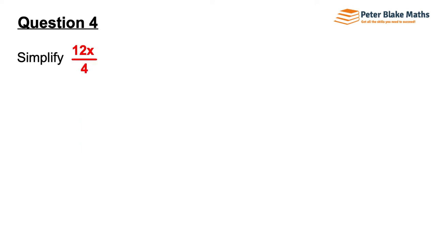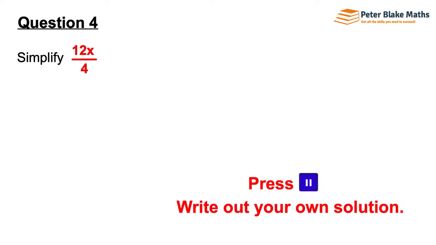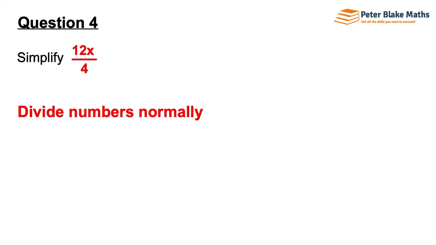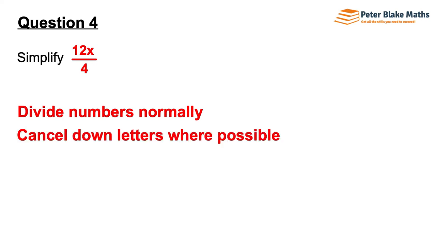Question 4. Simplify 12x over 4. We'll divide the numbers normally, including cancelling down letters where possible.